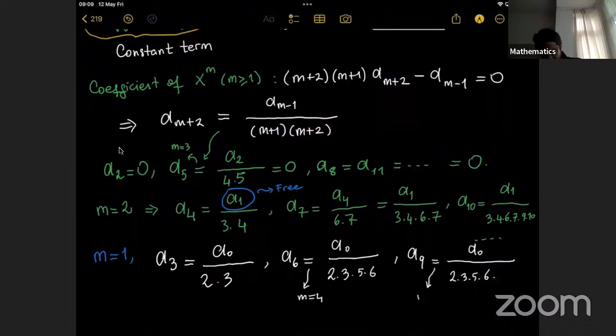Here, M is equal to 7, then you will get 8 times 9.